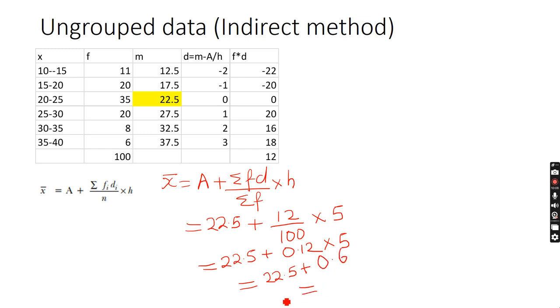And my x bar, which is the mean, is 23.1. If you notice, the answer is exactly the same using the direct method or the indirect method.